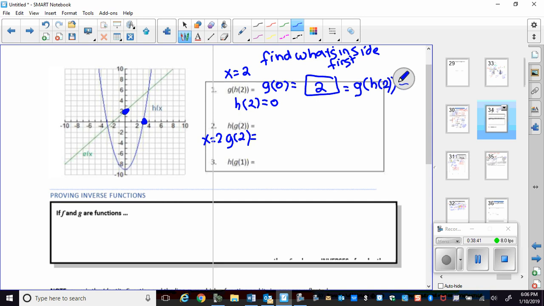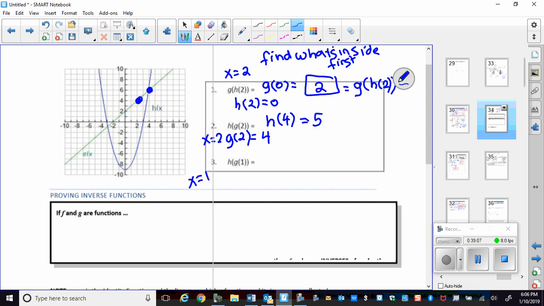So g of 2, so let me go find 2 and go up to the green line. That's my g. So right 2 up to the green line. That value there is 4. That equals 4. So now I can find h of 4. I go right 4, go up to h, and this is a 5. This value is 5.